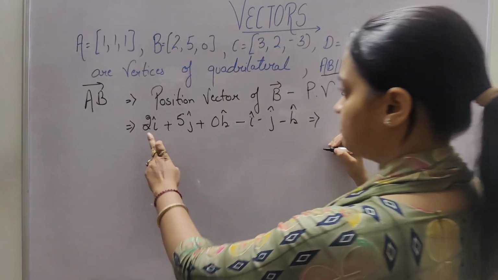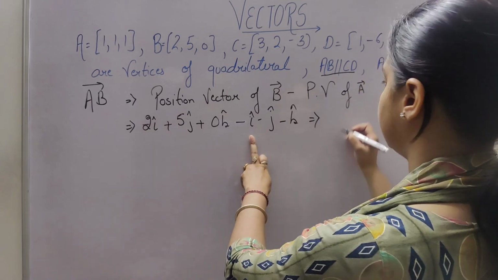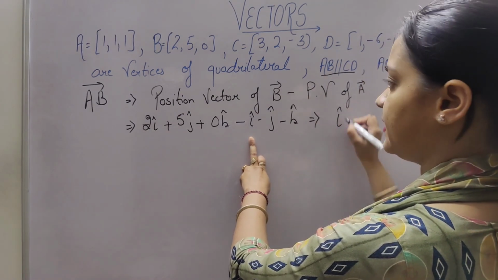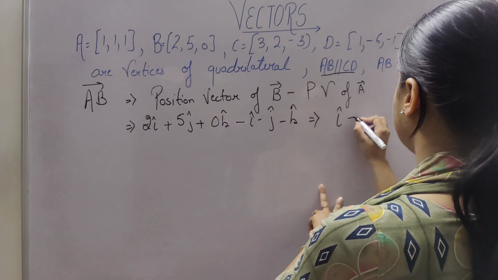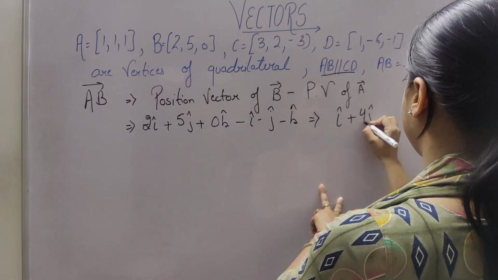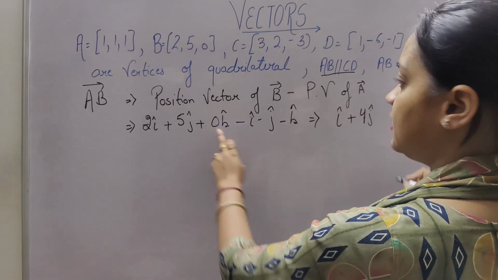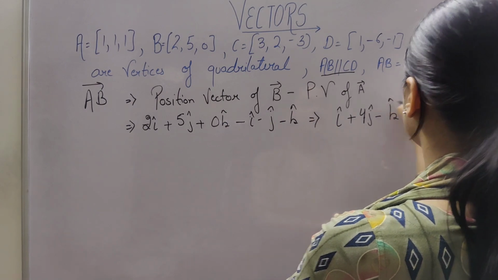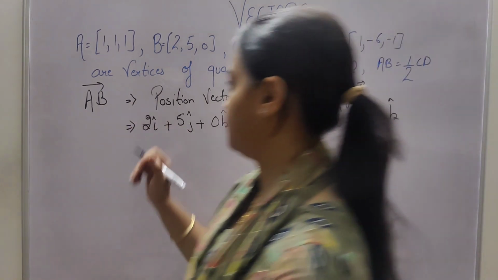So the values come 2 minus 1 is i, 5 minus 1 is 4j, and 0 minus (minus 1) comes plus k. So these are the position vectors of AB.